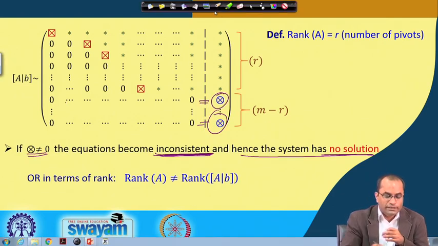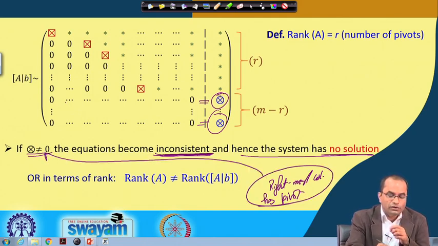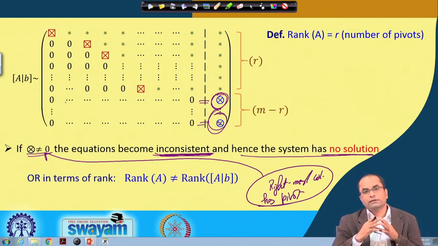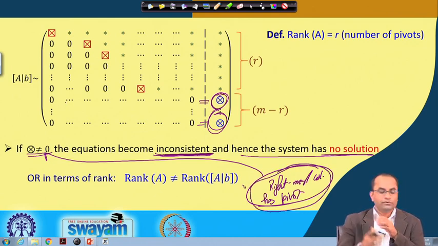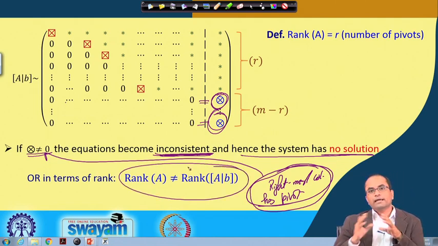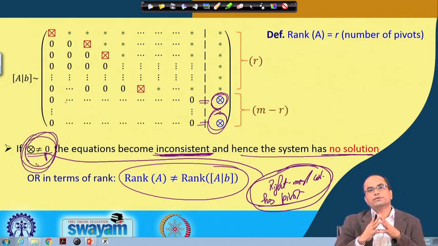One was already here: because this is not equal to 0, the system is inconsistent, or we say the rightmost column has a pivot element, and this will exactly happen when one of these numbers is non-zero. Or we say rank A is not equal to the rank of the augmented matrix, or simply by looking at this, if this is non-zero, then we have a case of no solution.